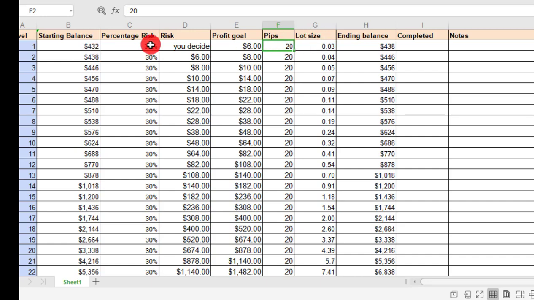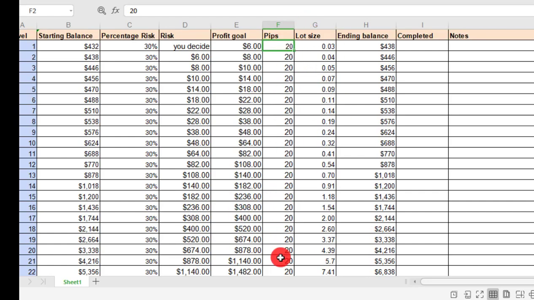And then as you can see, it says percentage risk. That's where the aggression takes place. You're gonna risk 30% of your account. And over here it says profit goal. So you're gonna aim for $6 initially, then it goes up, and then pips is 20 pips.